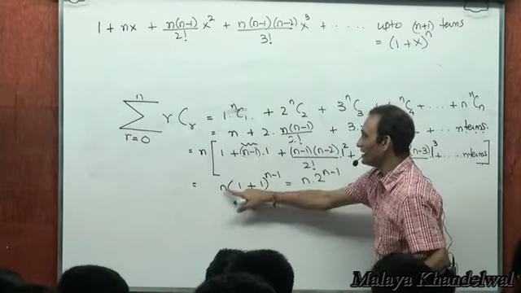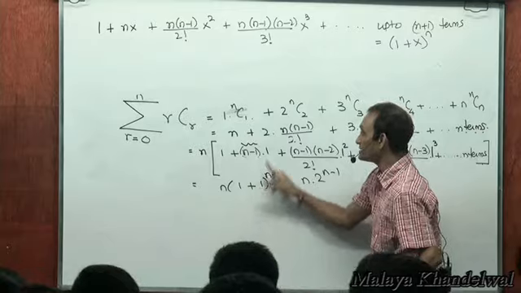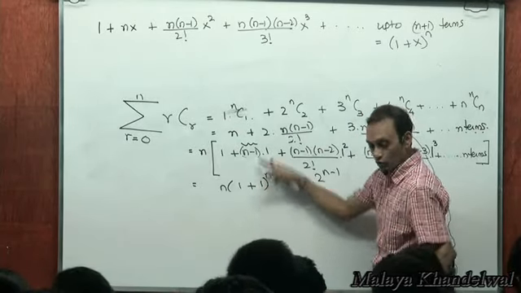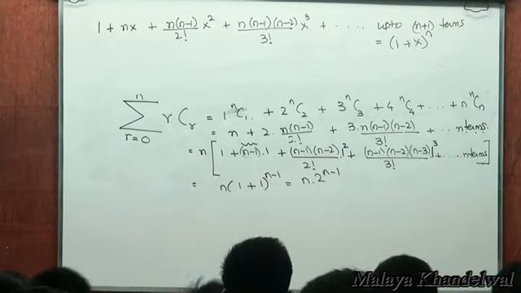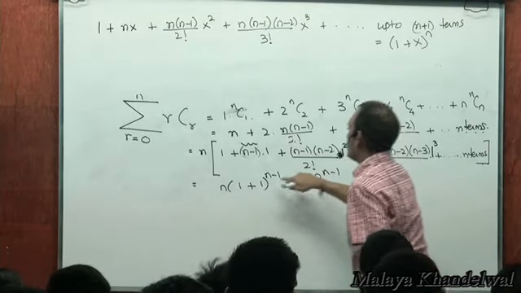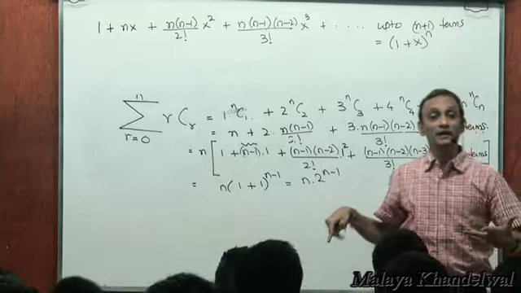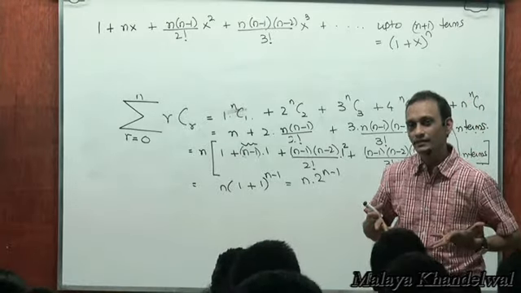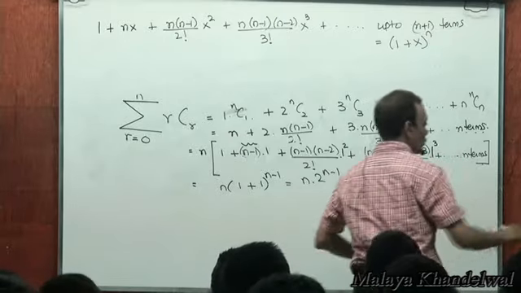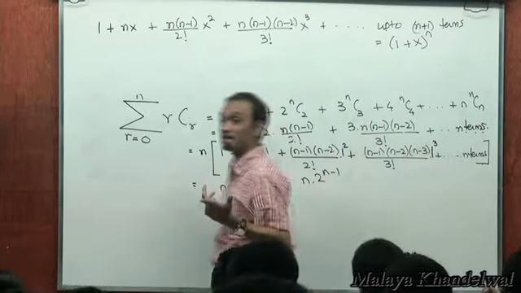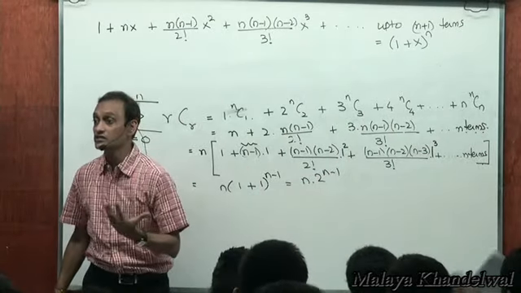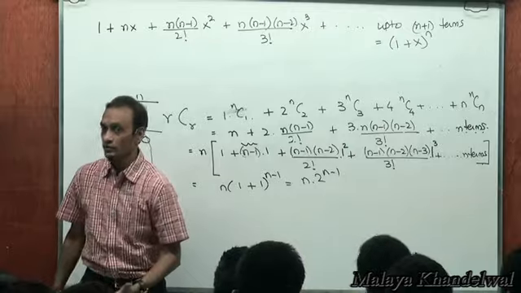So n staying out, (1 plus x), which is 1 whole, to power n, which is n minus 1. So n into 2 to power n minus 1. Do you understand this? Now let me do it differently. The same thing, let's have this taken care of a little differently.